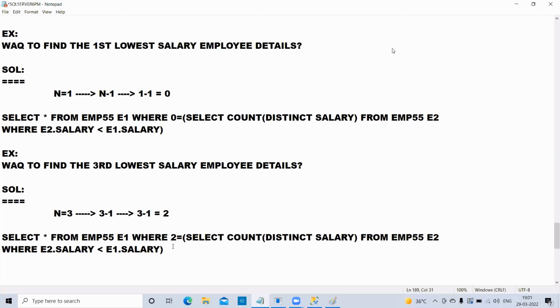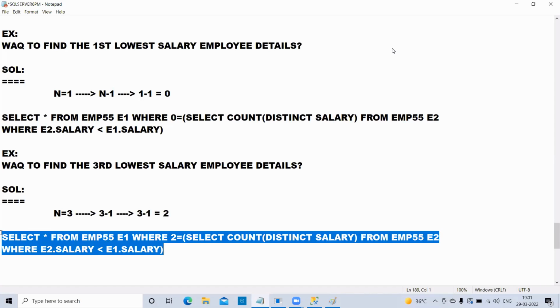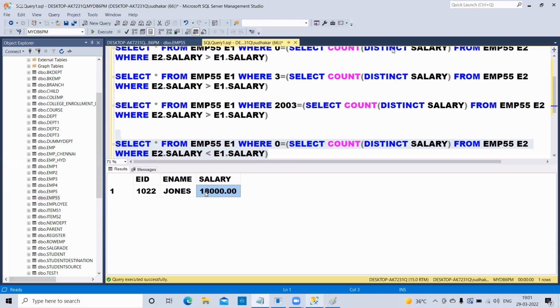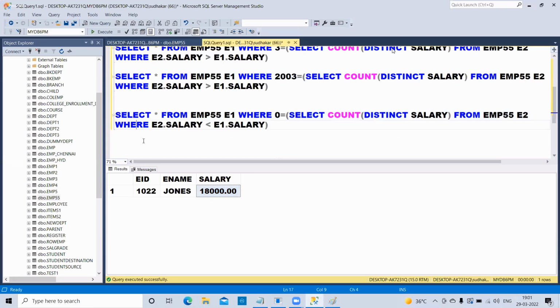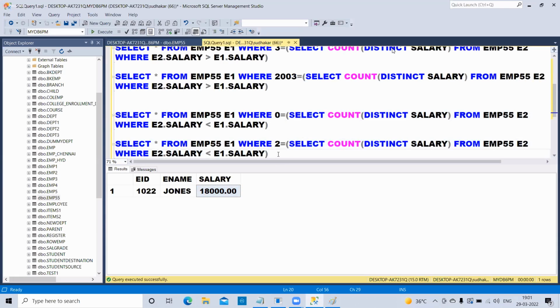That's it. So now you can see the third lowest salary employee details. We are getting it, you can see here. I'm executing now, so the third lowest is got.